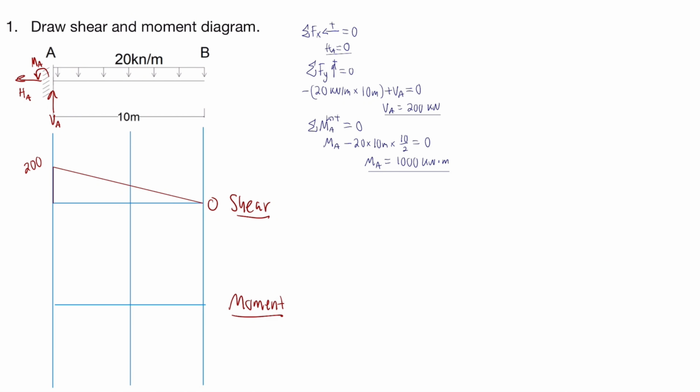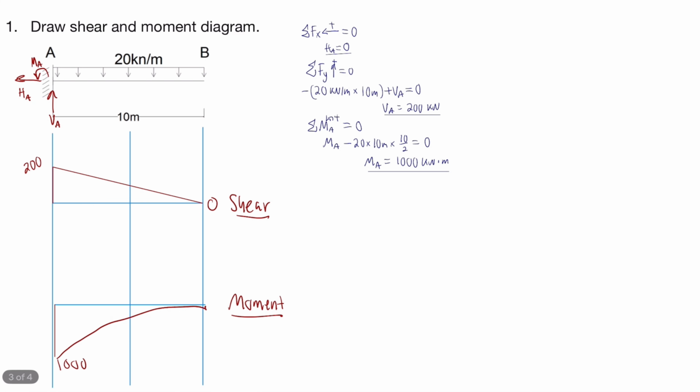Now for the moment, we solved for moment A to be 1000, and we denoted it as going counterclockwise. So that means it will go down to 1000. We see that the shear is linear, so that means the moment will be parabolic. And as mentioned before, we see that it is decreasing in area, so the slope of the parabolic curve we're going to draw should have a decreasing slope as we move to the right.